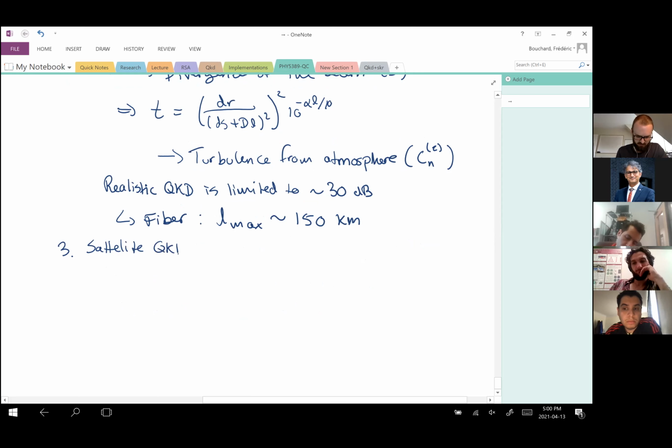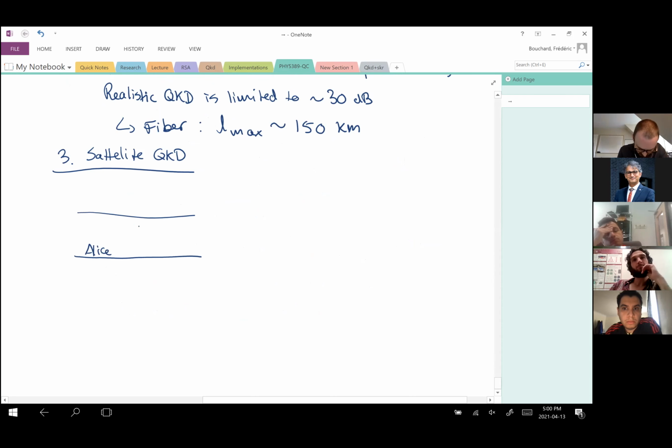So the idea is, so we have Alice, atmosphere. One of the things is, vertically, the atmosphere is not that big.